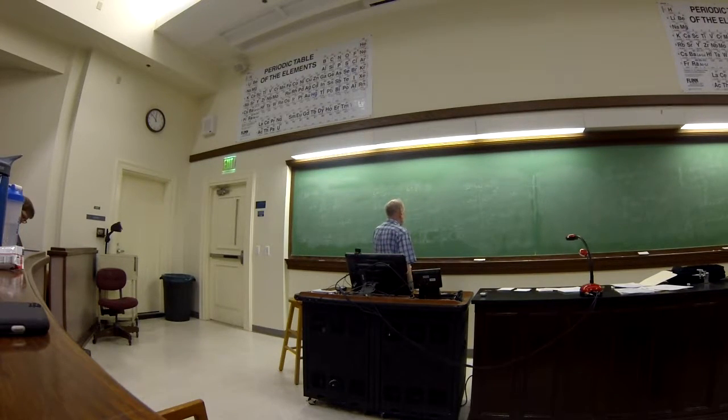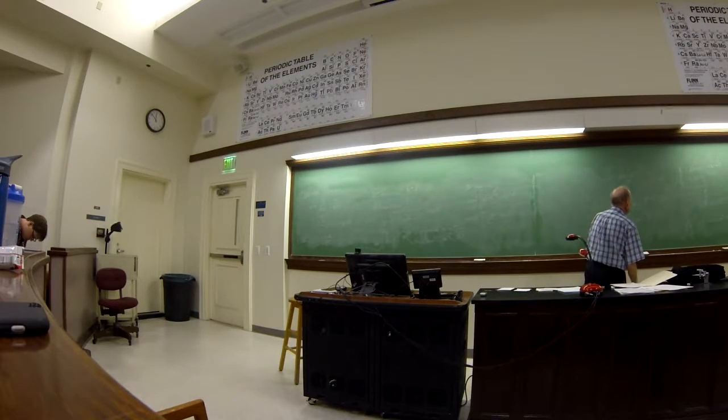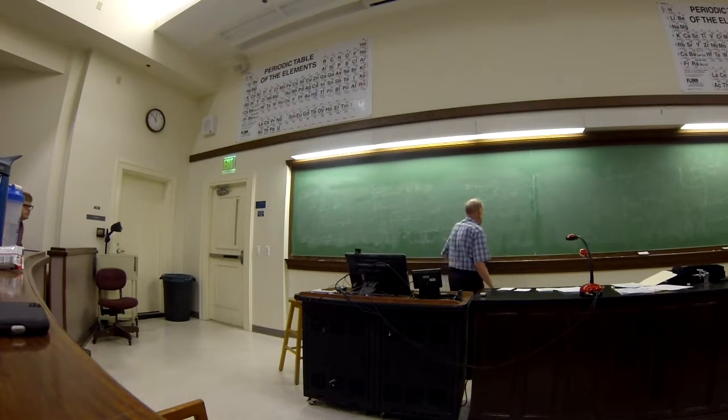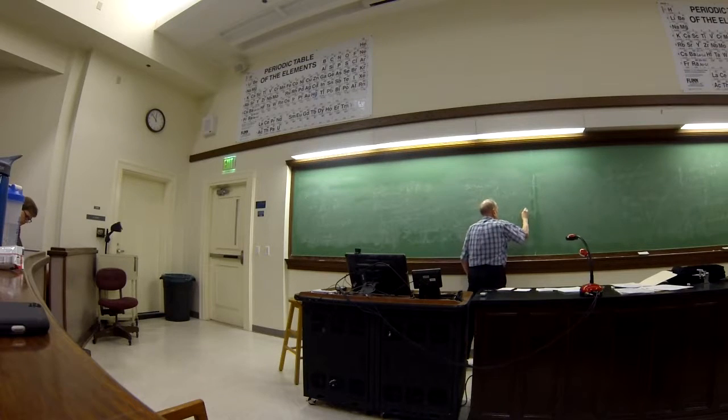Because U of R is minus C6 over R to the 6. So minus U of R is plus C6 over R to the 6.